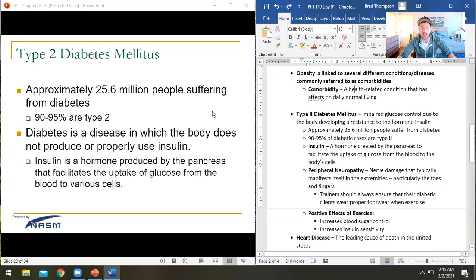A comorbidity, by definition, is a health-related condition that has effects on daily normal living, right? So a comorbidity is something associated with something else, right? When you consider, like, when you have a common cold, right?